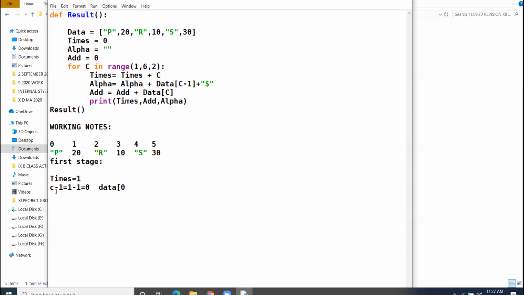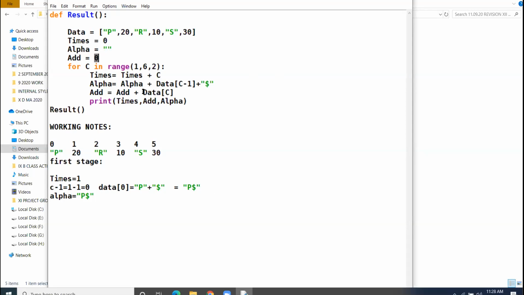So data of 0 is P. P is added with the dollar and it becomes P dollar. So the value of alpha becomes P dollar.